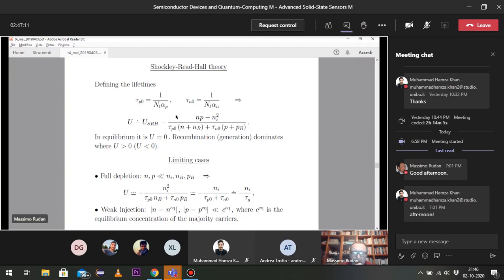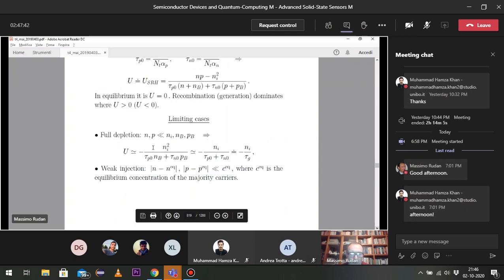So you can see immediately that the expression of U simplifies strongly because the product NP is negligible with respect to Ni squared. Then we neglect N with respect to NB. We neglect P with respect to PB, okay? So we obtain a simplified expression for U. It's a constant, okay?